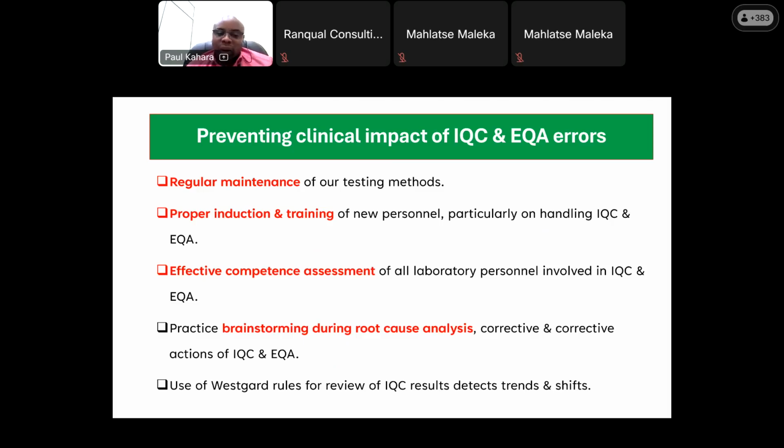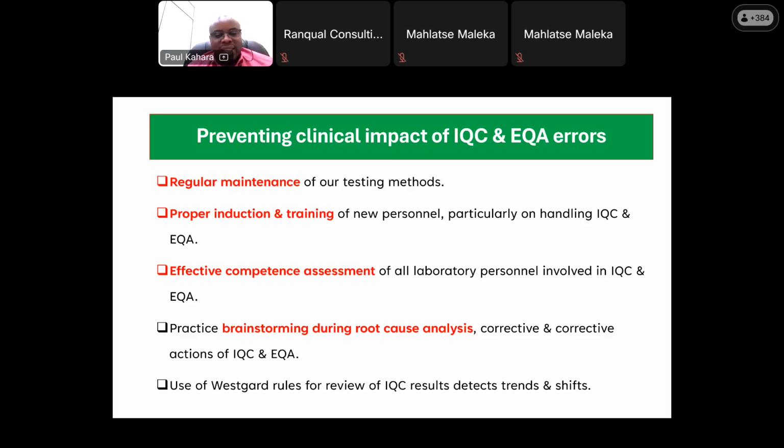we need to regularly maintain our testing methods. And maintenance is not just what we have our engineers do. Many times we rely on maintenance done by engineers, and we ignore our daily maintenance that we're supposed to do. You will find an equipment, you see, full of alarms and error messages asking you to please do this maintenance, do this cleaning, but we ignore it.